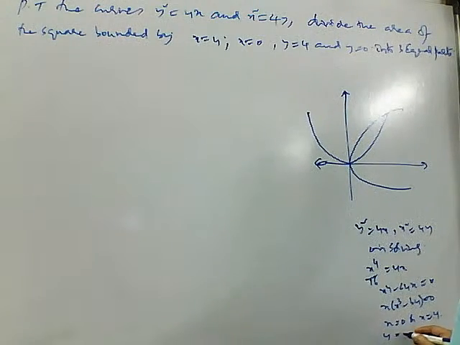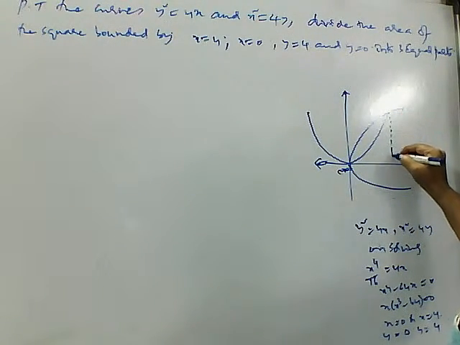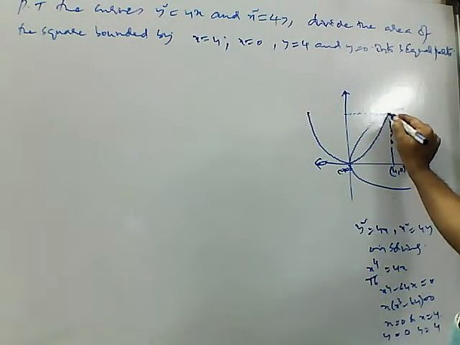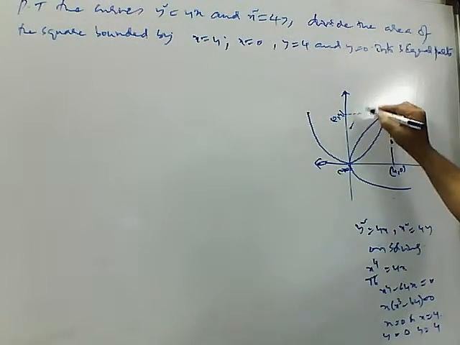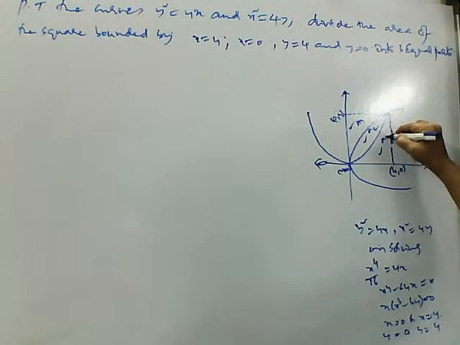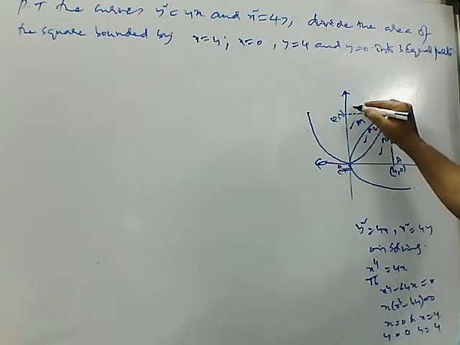So y is equal to 0 and y is equal to 4. So this is 0, 0, this is 4, 0, this is also 0, 4. Now there are 3 parts. This is one part, this is one part, this is one part. So A1, A2, A3. This is the bounding region. Okay. So this is O, A, B and C.